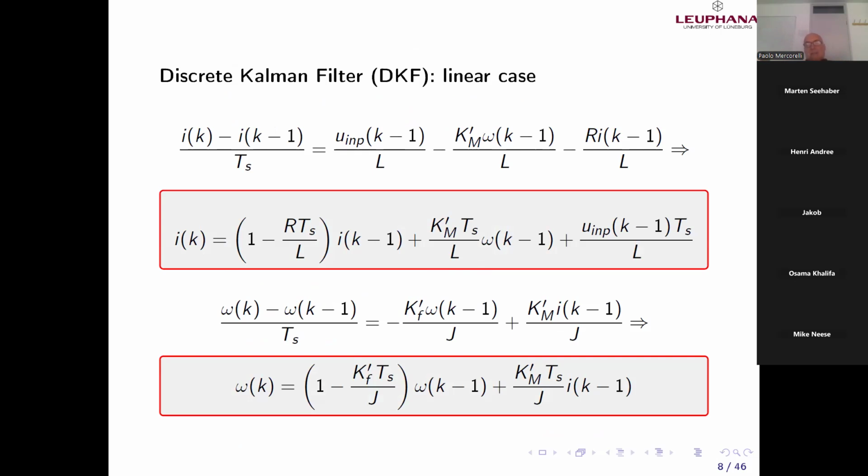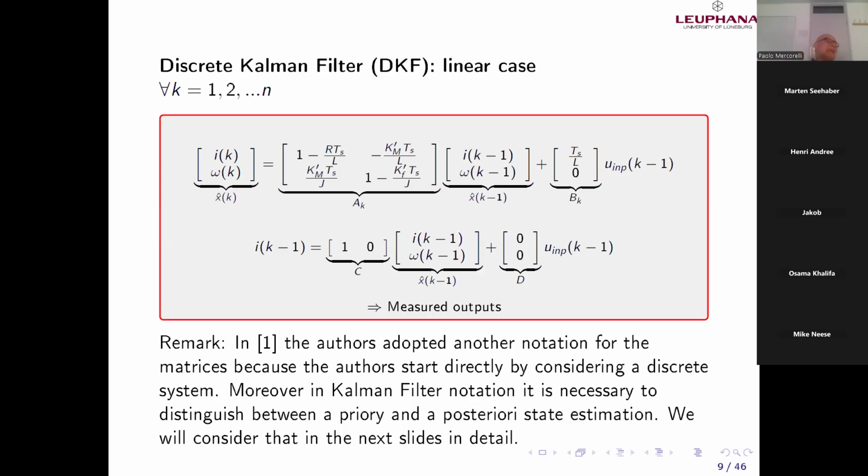Based on this discrete representation, we will realize the Kalman filter, the algorithm of the system, based on the model. I realize again the representation of the model in terms of matrices and vectors. This is known. We already did it many times.